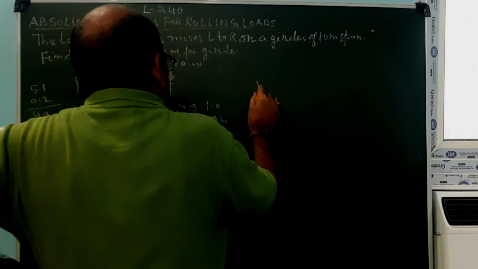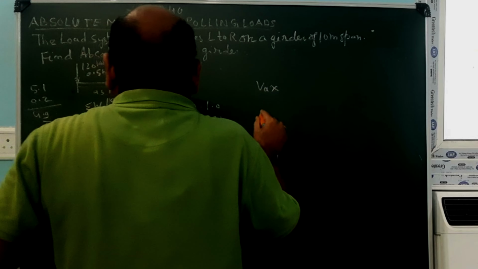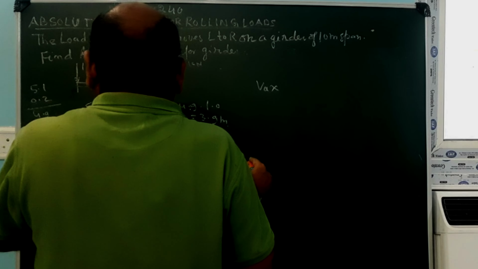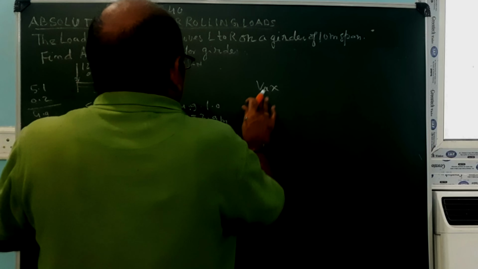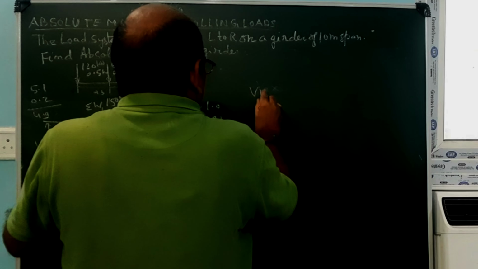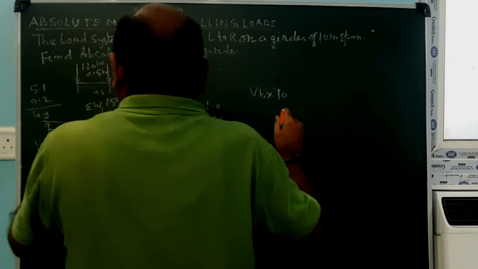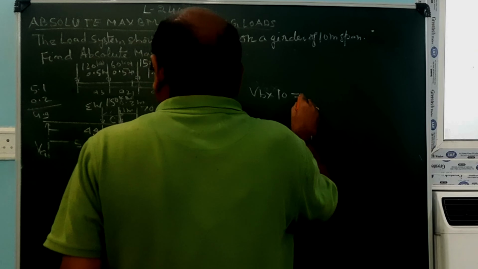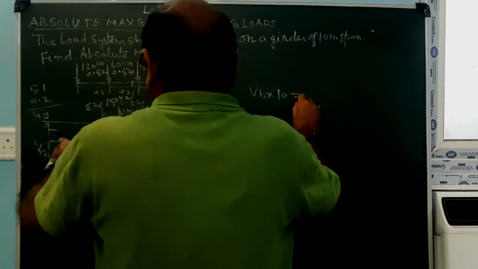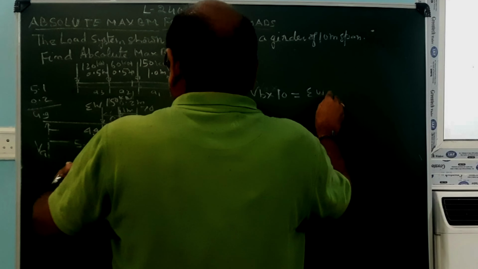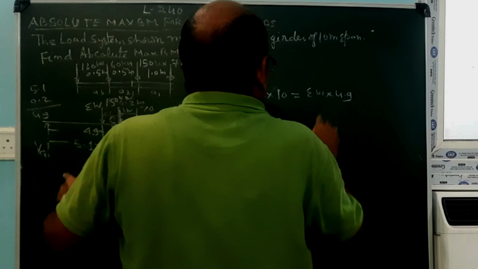Taking moment about A, BB into 10 meter equals sigma W into 4.9 meter.